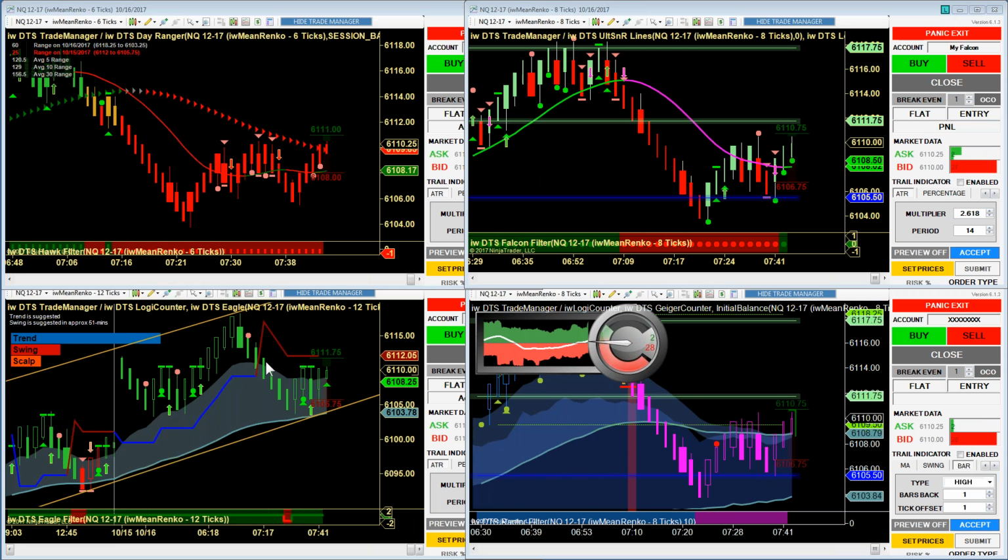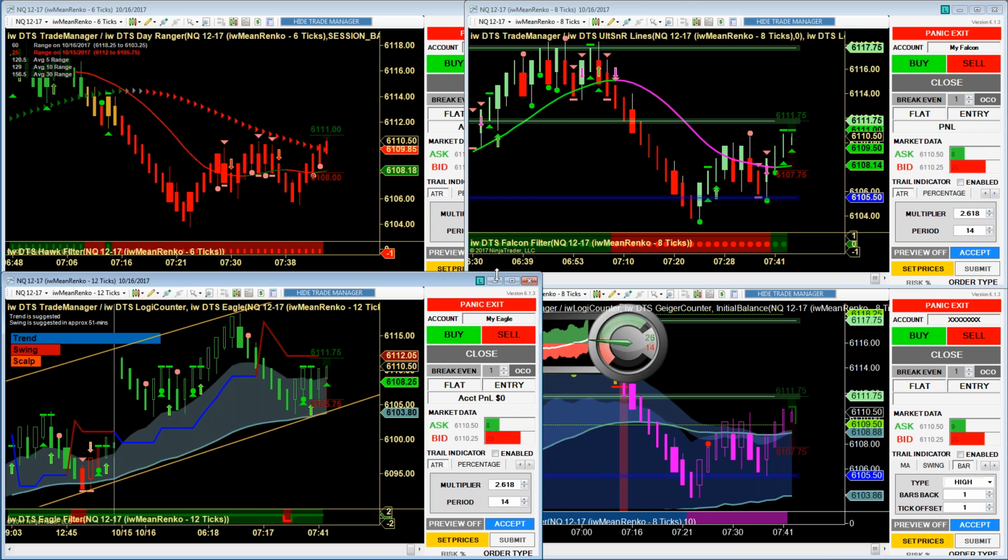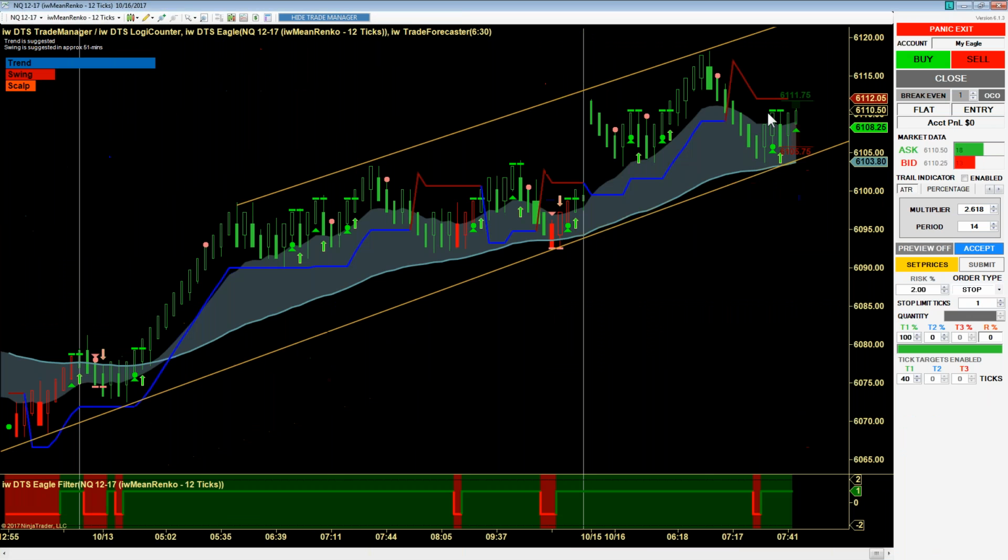So we've got an Eagle signal here now, kind of off of the hard edge, and we're getting a second push opportunity on it. It's below the ATR, which is a little bit of a concern.